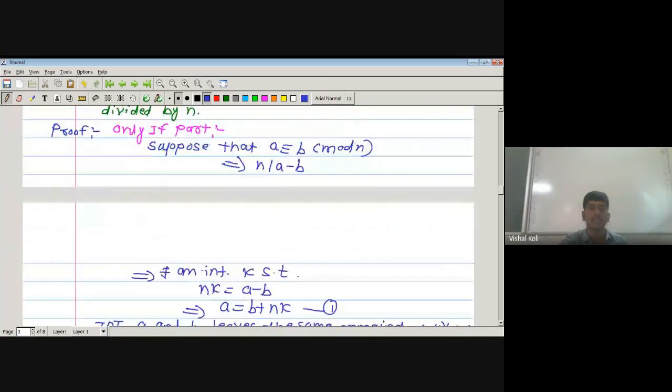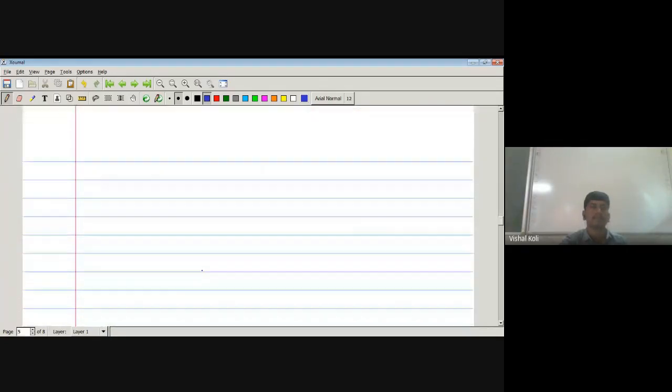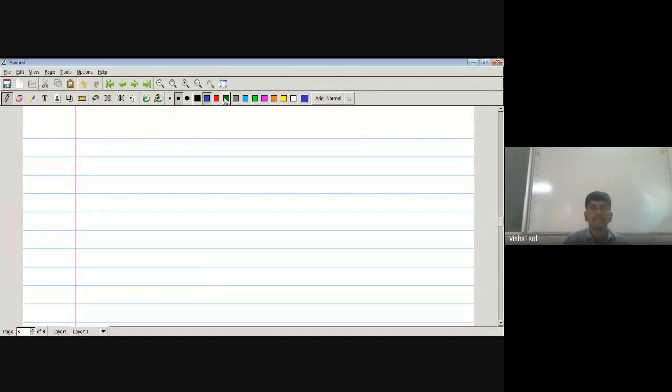Let us take some examples depending on this theorem. Example, first one, minus 56 is congruent to minus 11 modulo 9. We have to check whether minus 56 is congruent to minus 11 modulo 9, and we have to use the above theorem.